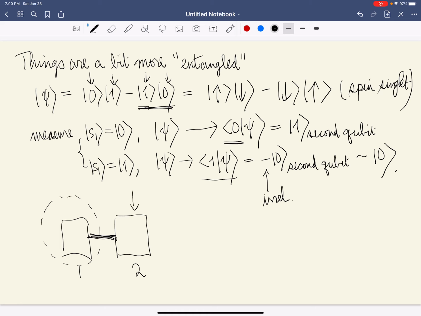But nevertheless, depending on what you measure through your microscope on this box, the state of the spin in the second box, for which you have never done any sort of measurement, is changed. The state in the second box is either 1 or 0, depending on what you do or what you measure in the first box.